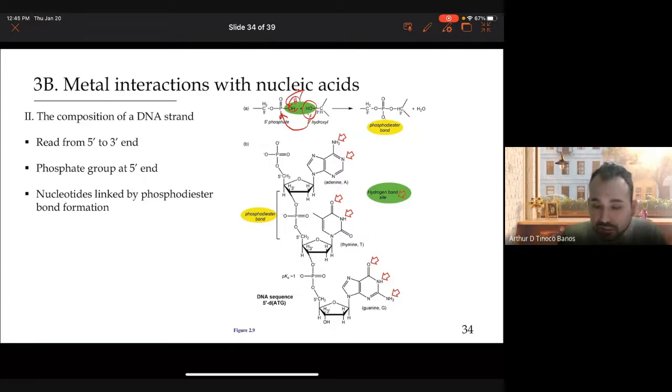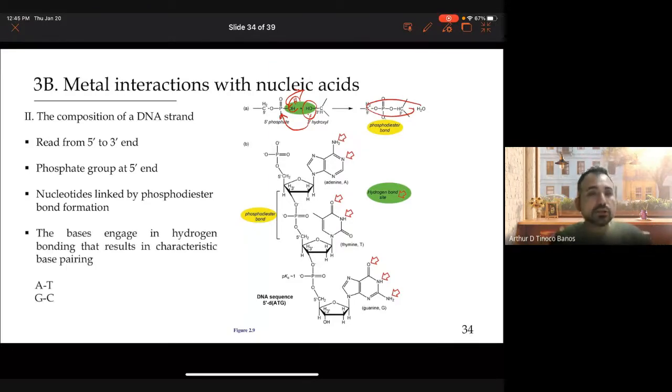Okay, and so you get the formation of your bond here. That's going to be the link between the nucleotides. And so another really important feature that I'm going to emphasize here is that you have points, and you have these arrows here that are emphasizing points of potential hydrogen bond interactions between nucleotide bases with one another.